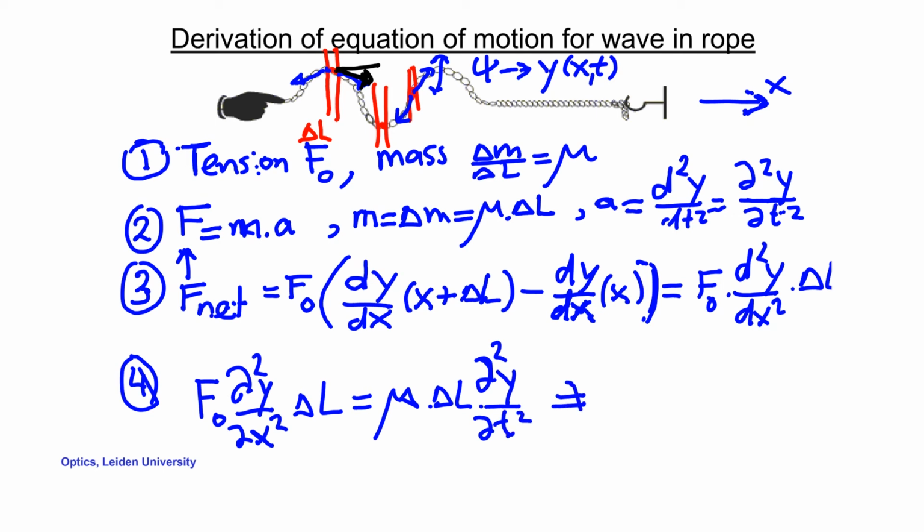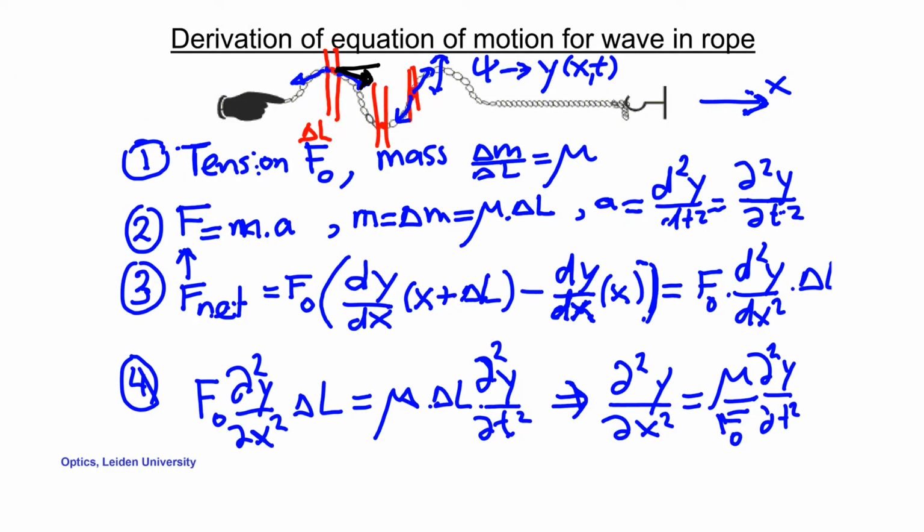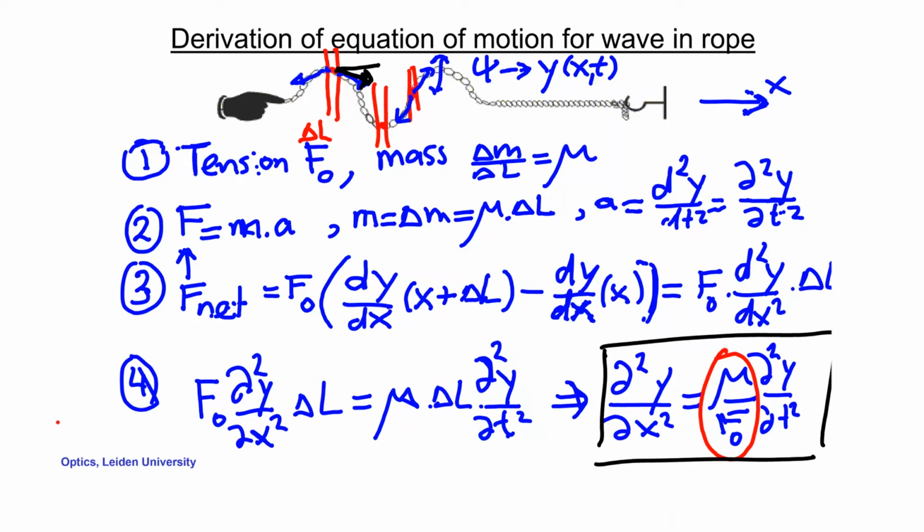If we divide finally by delta L and move one of the two quantities to the other side, we get as final result this thing, which if you compare it with the general form of a wave equation, I mean, this is a wave equation, and the comparison that I mentioned shows you that the speed of the wave v squared is F0 over mu.